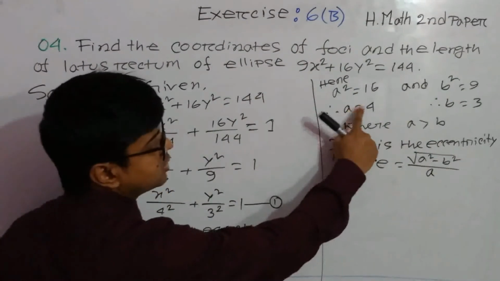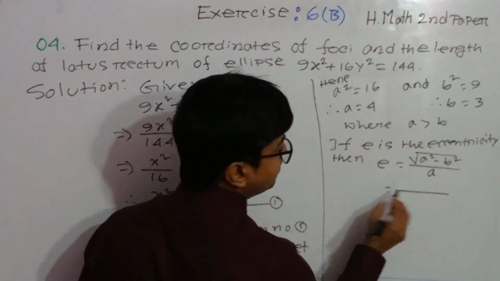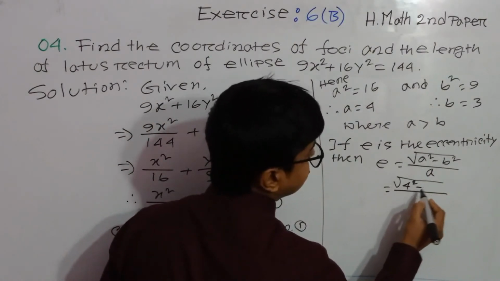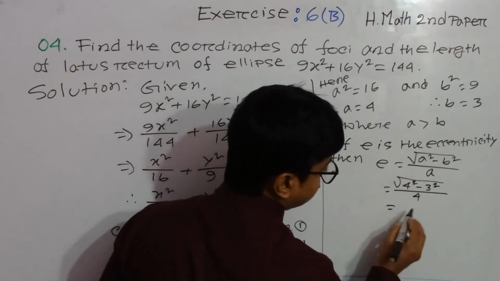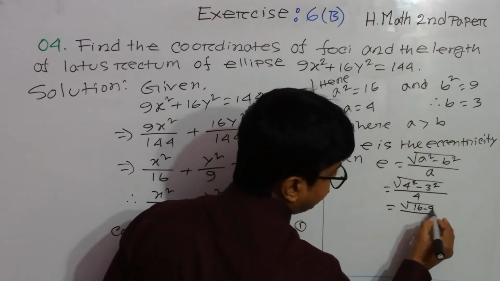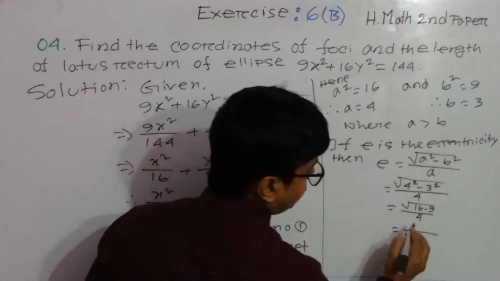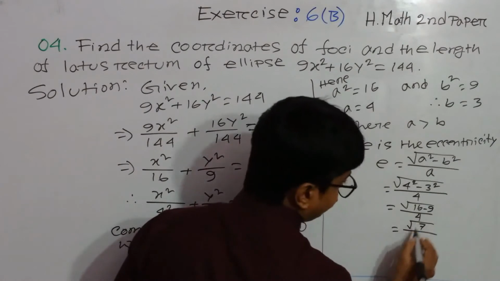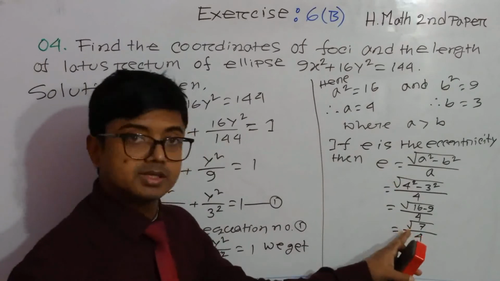Here a equals 4 and b equals 3. Putting these values of a and b, it will be square root of 4 square minus 3 square, by 4. So we can write square root of 16 minus 9, by 4. 16 minus 9 is 7. That means root over 7 by 4. Here the eccentricity is root 7 by 4.